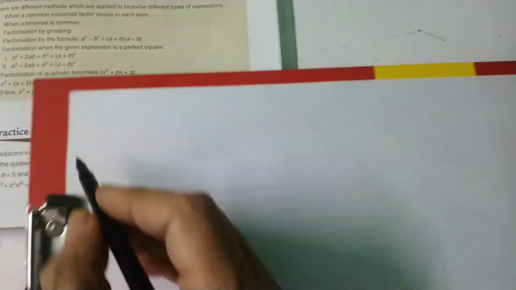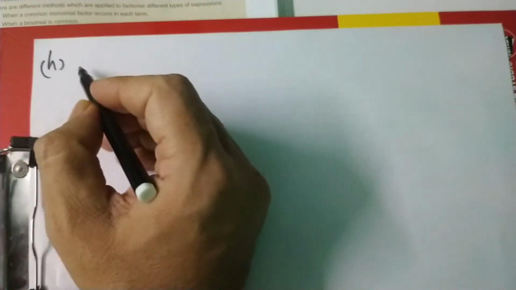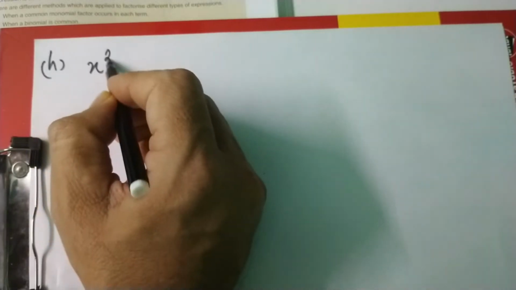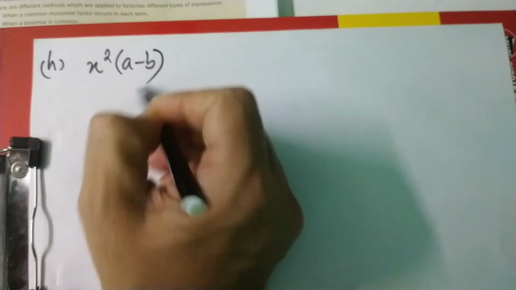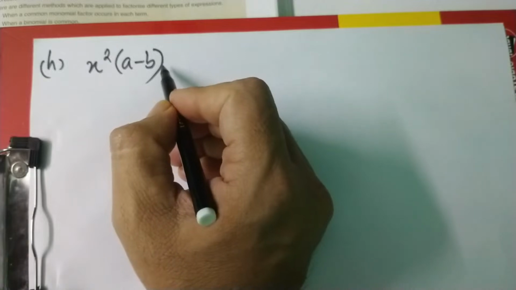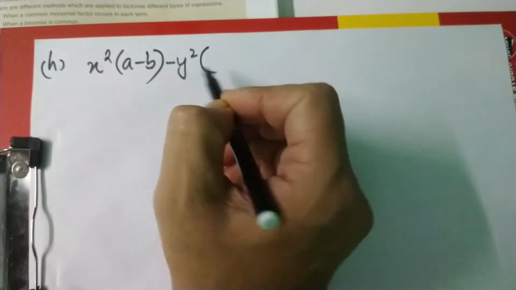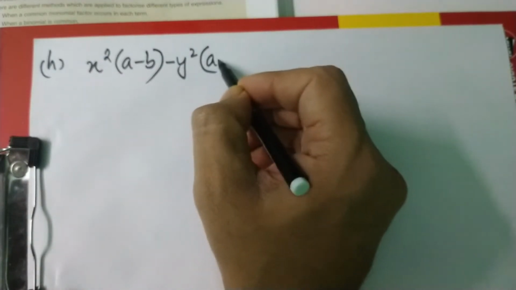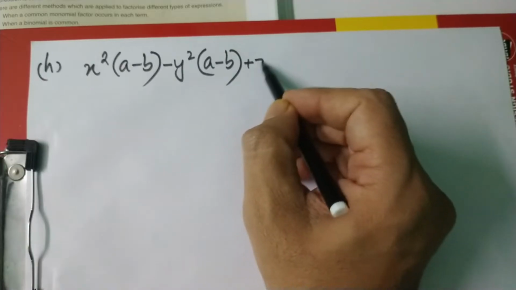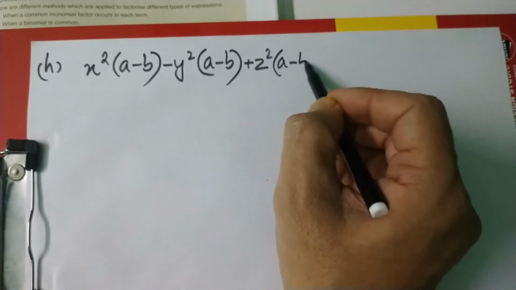So you can revise this to understand more. Now there is an H part which has got long, many expressions are there. It is x square into a minus b, minus y square into a minus b, and plus z square into a minus b.